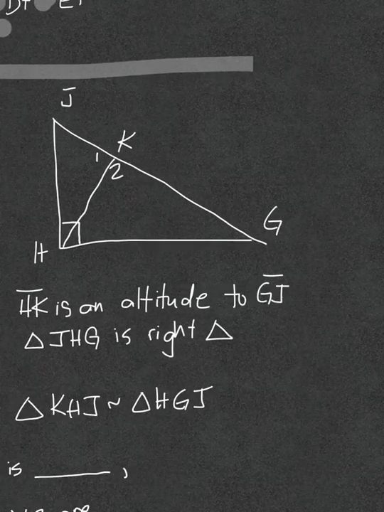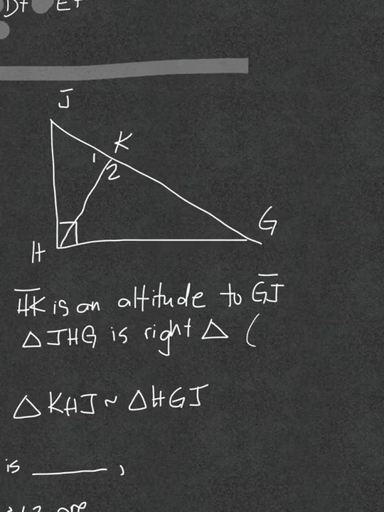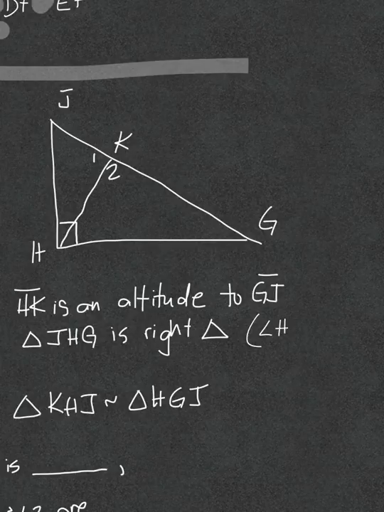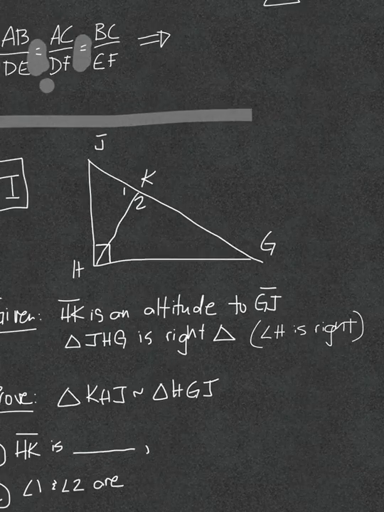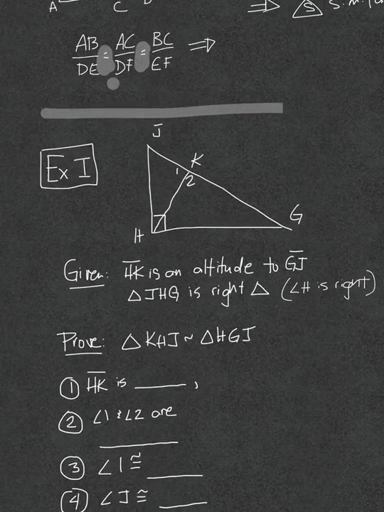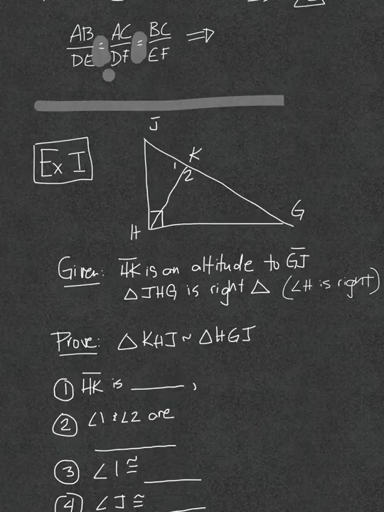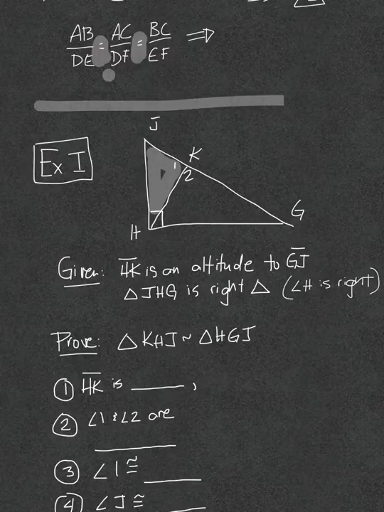So there is a given here that angle H is right. We're going to prove that that small triangle, this one here, is similar to the outer triangle. Yes?